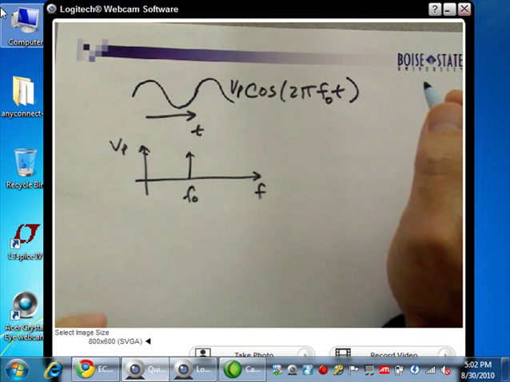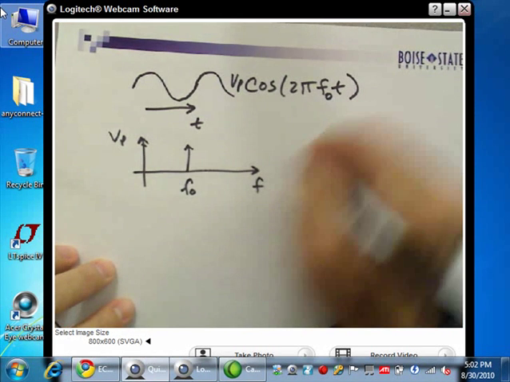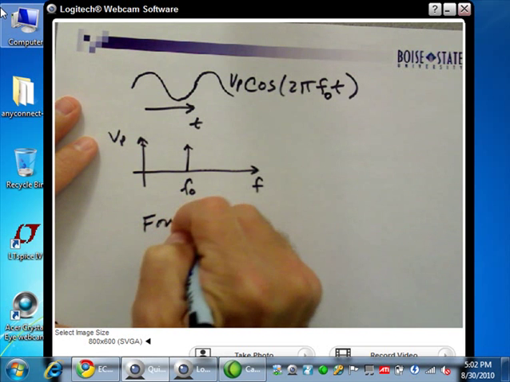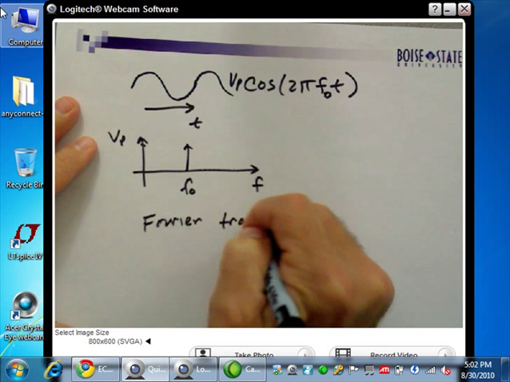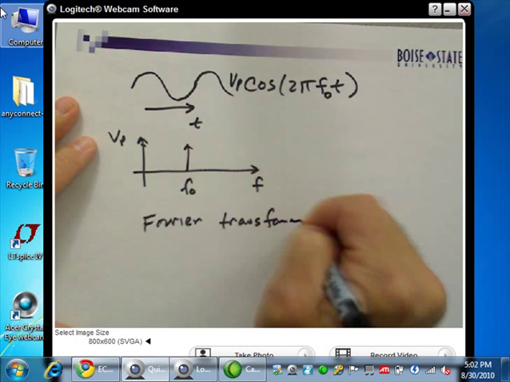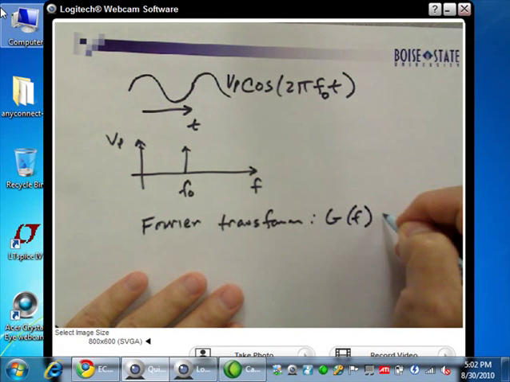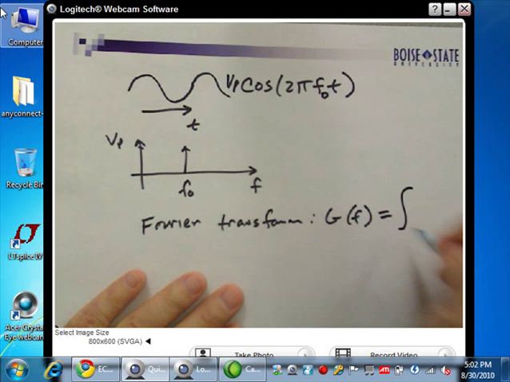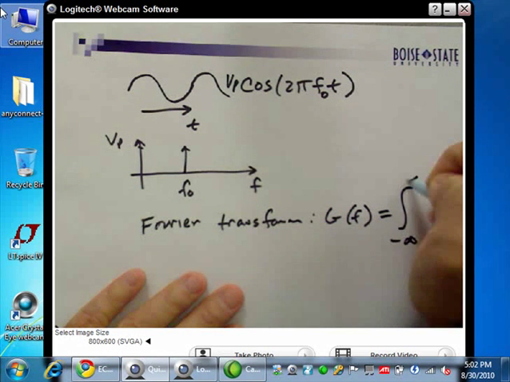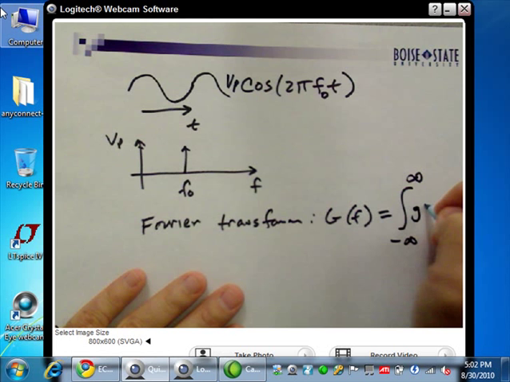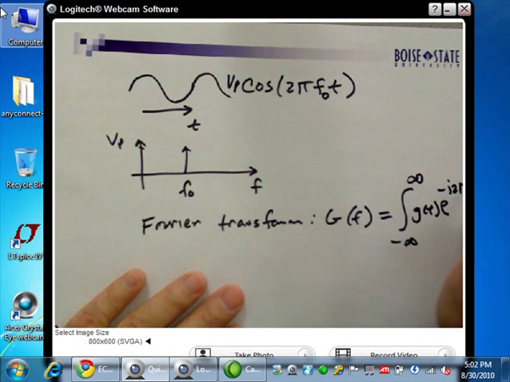Alright, now if you recall the Fourier transform of a signal, and I don't throw those gratuitous 2 pi's all around in here, is the integral of g of t e to the minus j 2 pi f t dt.